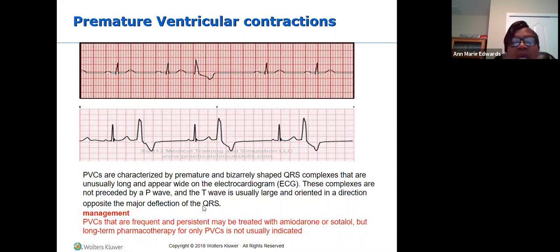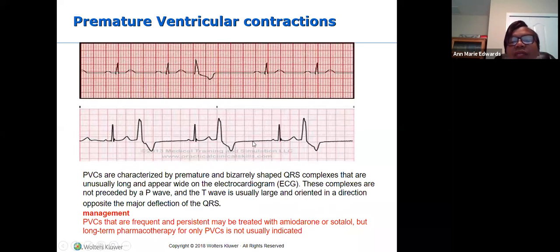And they are unusually long and appear wide on the ECG. Look at your QRS. These complexes are not preceded by a P wave, and the T wave is usually large and oriented in the opposite direction.